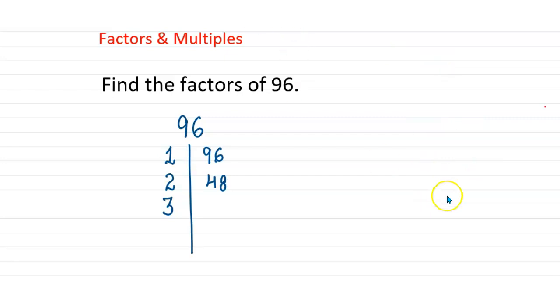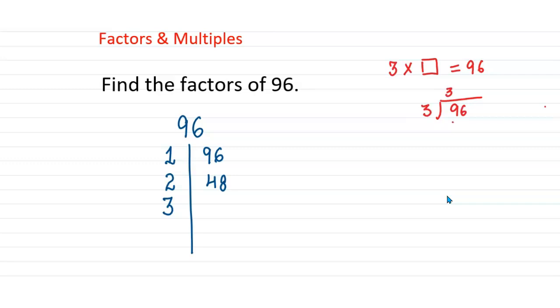But what is the other number paired with 3 which gives us 96? That is, the question now is what number is multiplied by 3 to give 96? So, how to figure it out? We will simply divide 96 by 3.